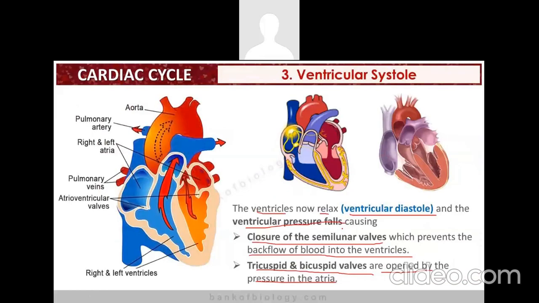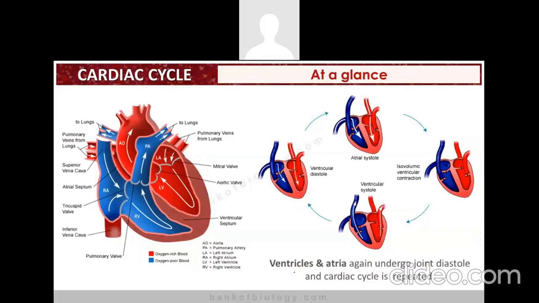So at this point we can tell one side of the heart completely gives oxygenated blood for transportation to all organs of the body, and the other side completely cycles the deoxygenated blood. So the ventricles and the atria again undergo a joint diastole, and the whole cardiac cycle is repeated again. I'll stop here for 10 seconds so that you will have an idea, on seeing the picture, of what exactly the cardiac cycle is.